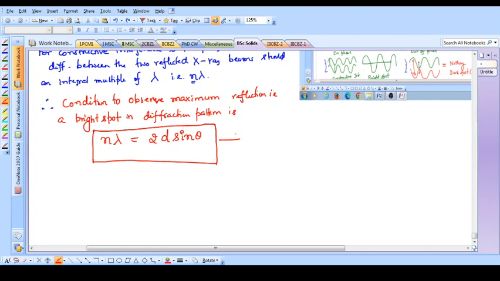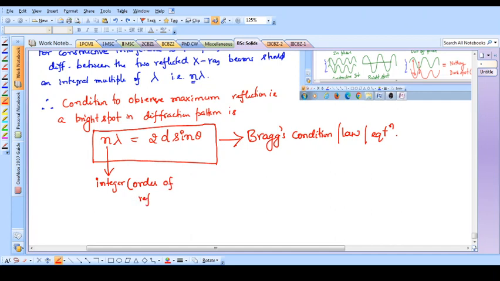And this condition that we have derived here is nothing but called Bragg's condition, or Bragg's law, or Bragg's equation, which gives a condition for observing a bright spot. Here n, which is an integer, is called the order of reflection or order of diffraction. n is equal to 1, 2, 3 and so on.